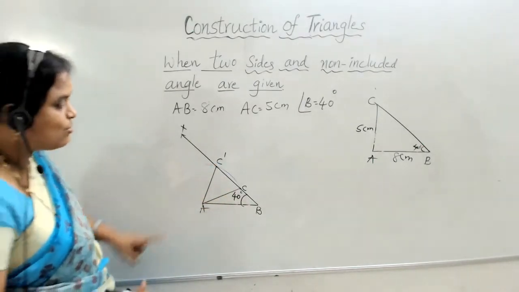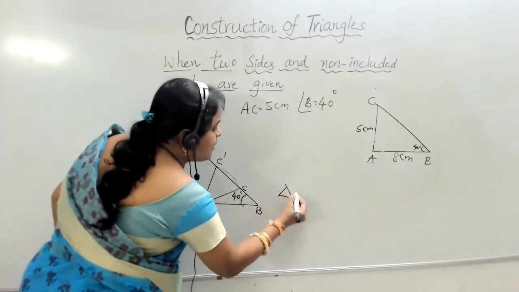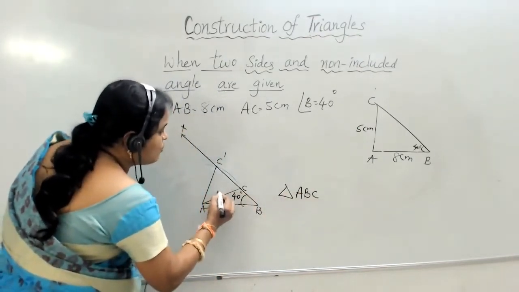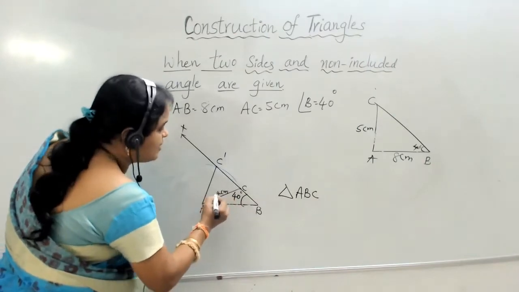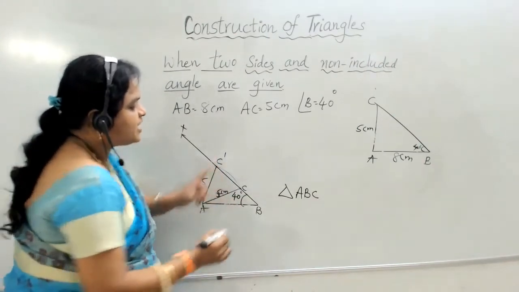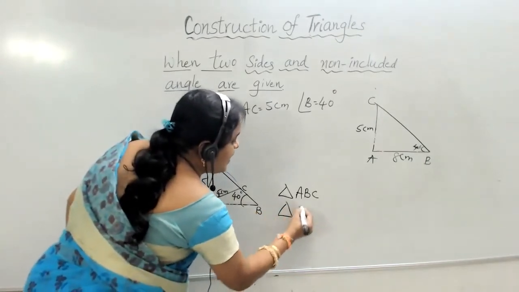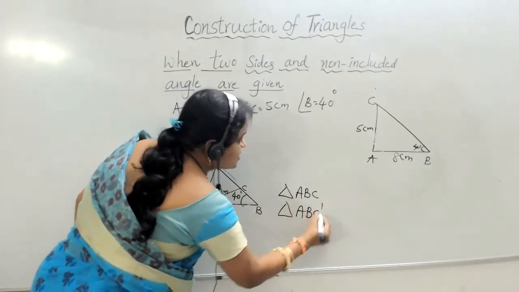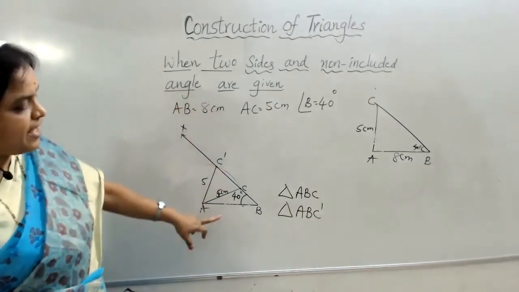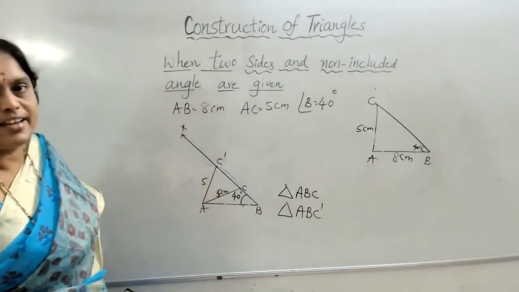Now we are getting two triangles here, triangle ABC and triangle ABC dash. One non-included angle is given, and we get two triangles like this.